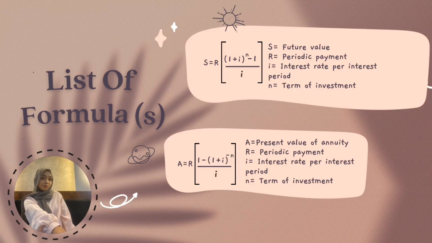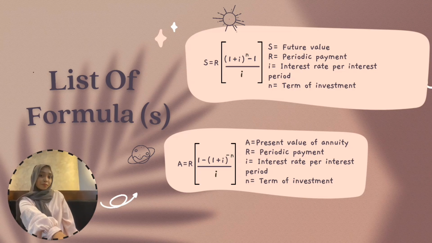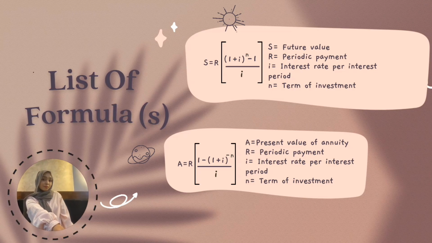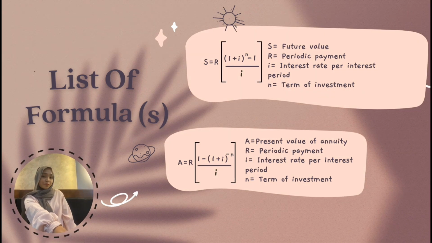Formula of future value for annuity is S equals R[(1 plus i) to the power of n minus 1] divided by i, where S is for future value and R is for periodic payment and i is for interest rate per interest period and n for the term of investment.